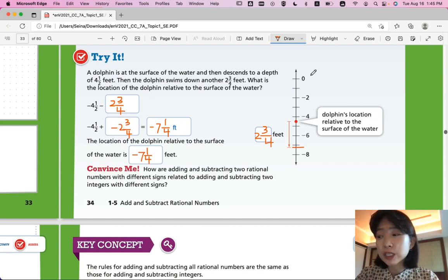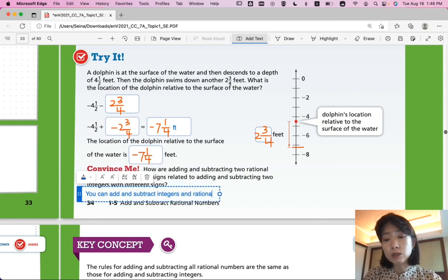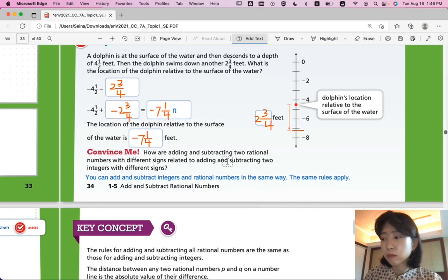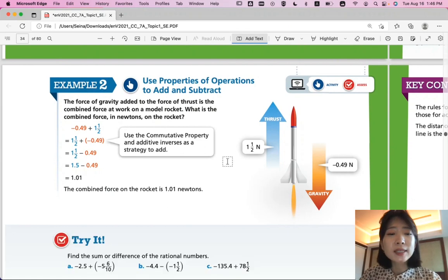So you can add and subtract integers and rational numbers in the same way, and the same rules apply. Okay? So do not forget the rules for adding and subtracting integers from the last two lessons, because you're going to use that. Example 2 on the next page.